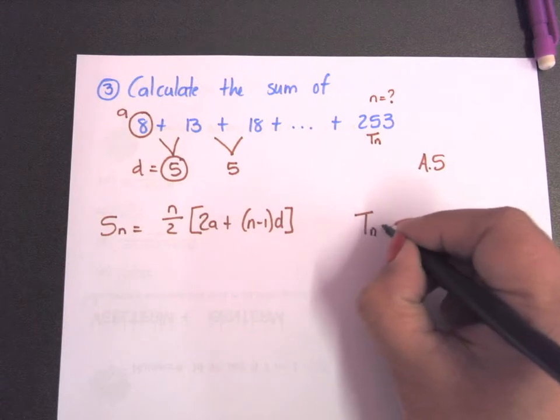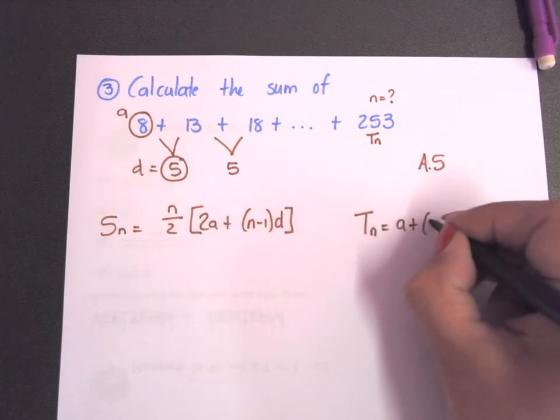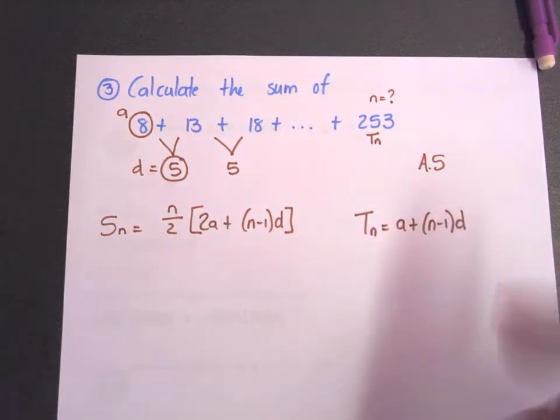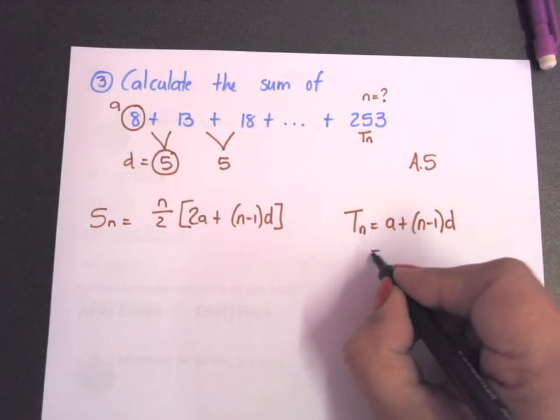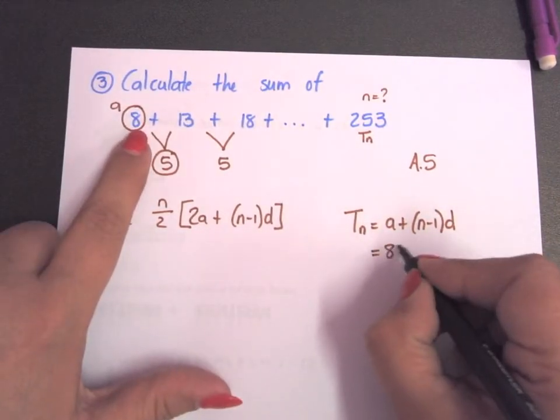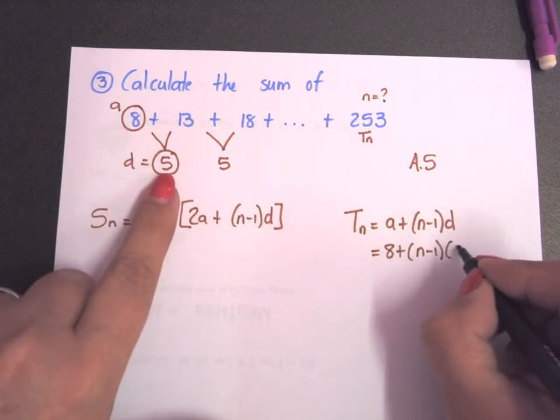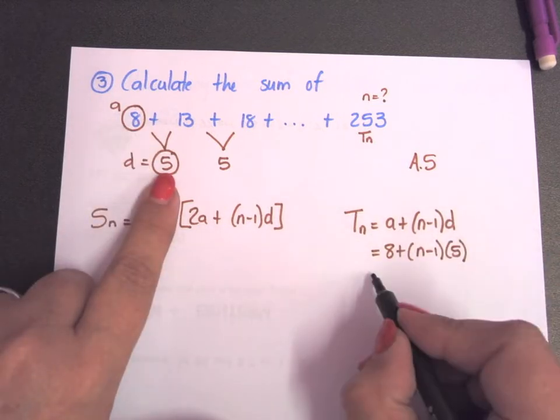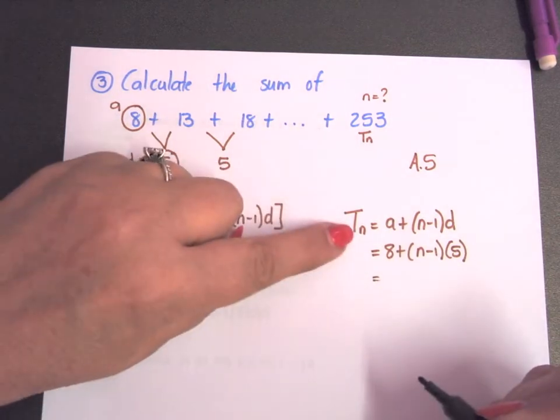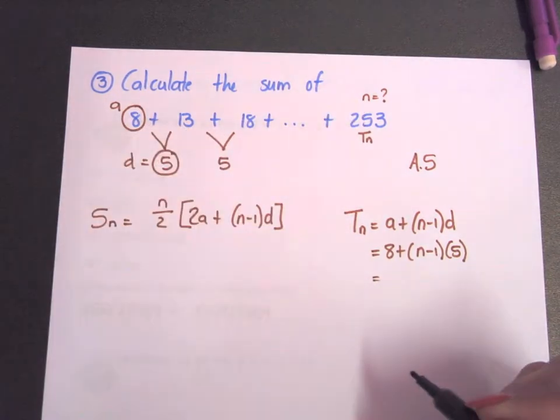So Tn will be a plus n minus 1 times d. We know a is 8. We don't know what n is, but we know d is 5. We also know that term n has a value of 253.